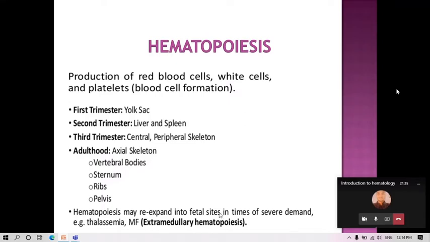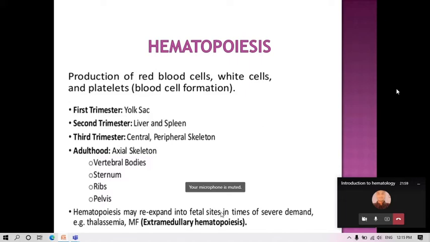So what is extramedullary hematopoiesis? During the fetal time, hematopoiesis was occurring in the liver and spleen also. So what happens if it is required in adulthood, if there is severe demand, for example in thalassemia patients there is severe hemolysis?